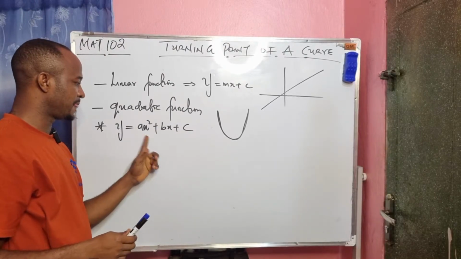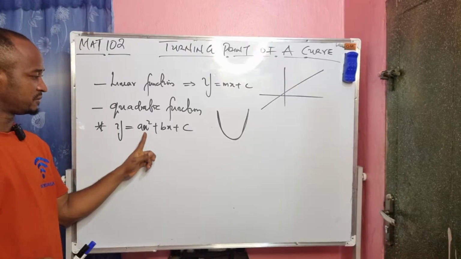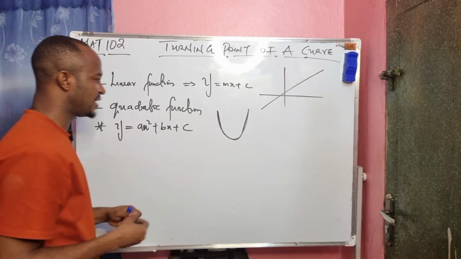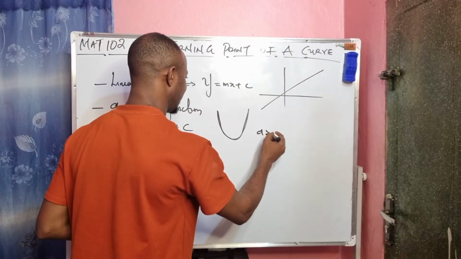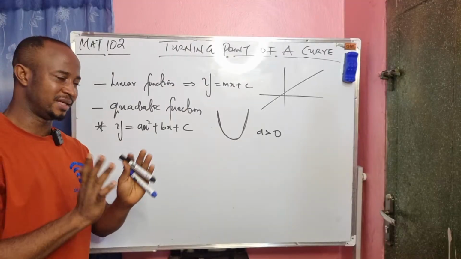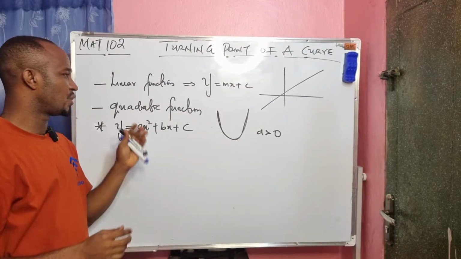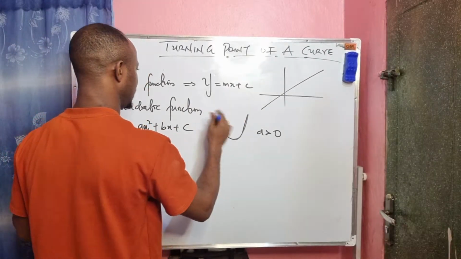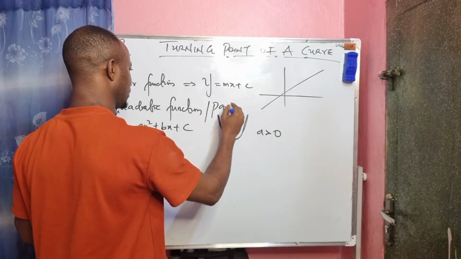If you look at this here, the coefficient of x squared is positive a. Whenever the value of your a is greater than 0, the graph must open upward. It is a quadratic graph, also called a parabolic graph. Please take note.